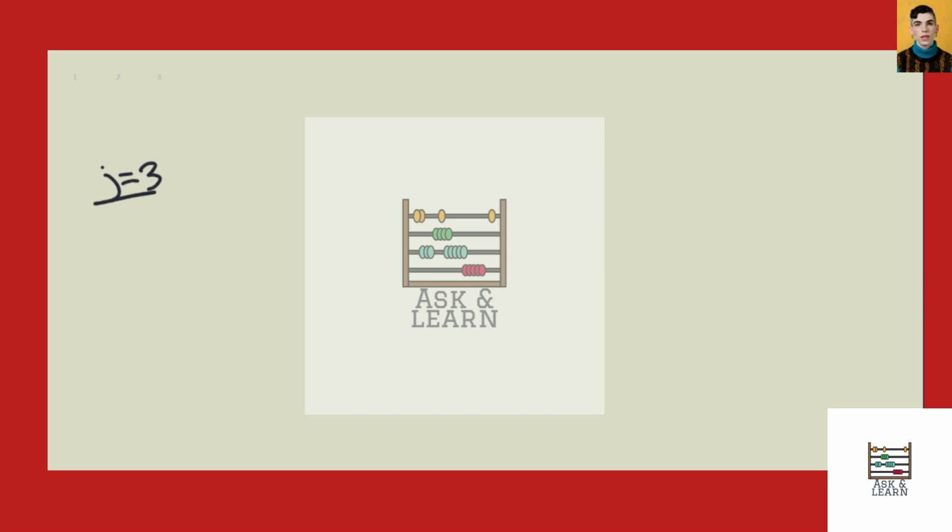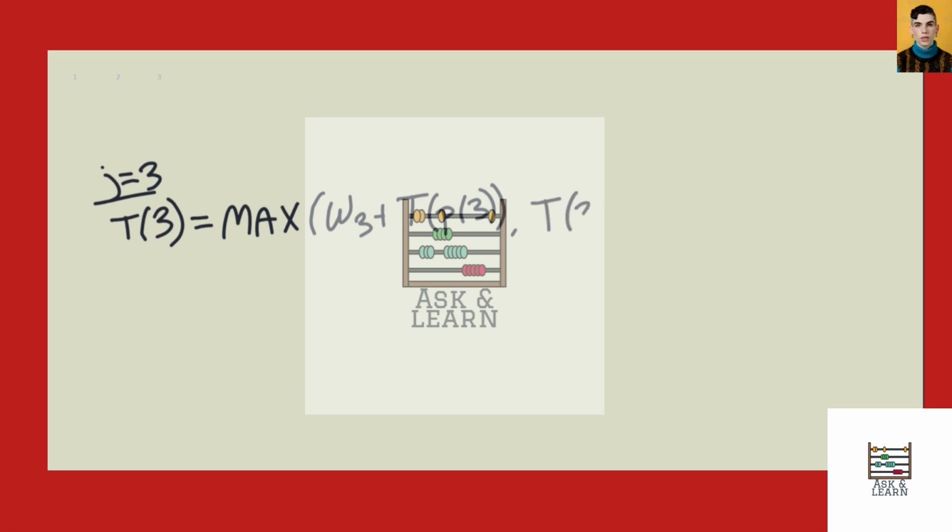This is just a lot of kind of tiring calculations here, and being sure to follow the algorithm carefully. So for T3, we have the maximum of the attendees of the third lecture plus the compatible lecture attendees, or just the total attendees from the previous step.